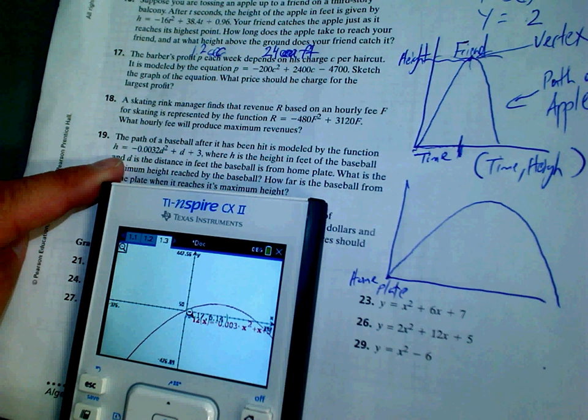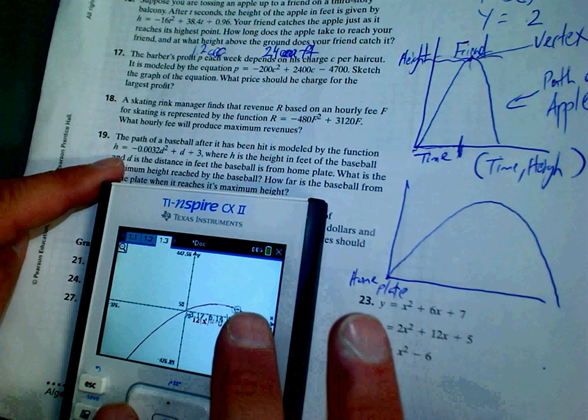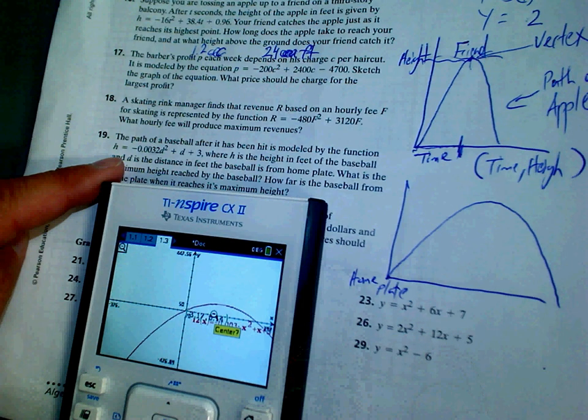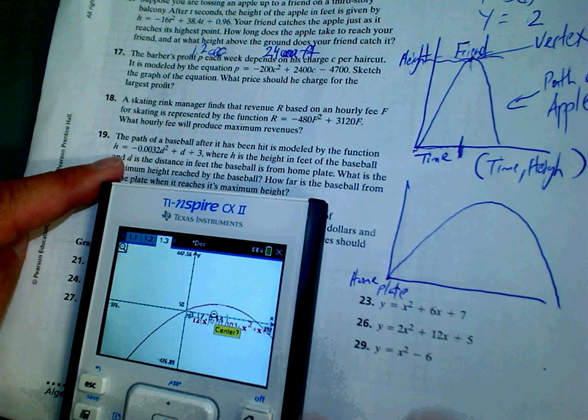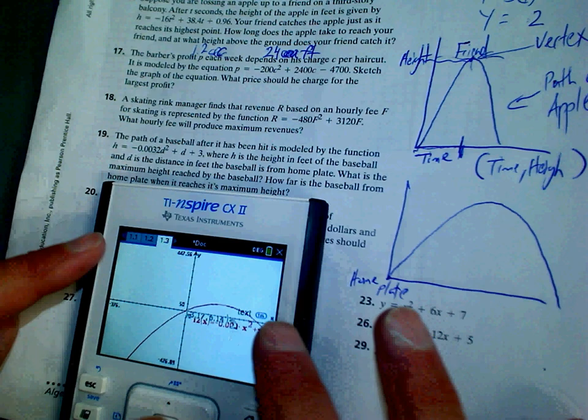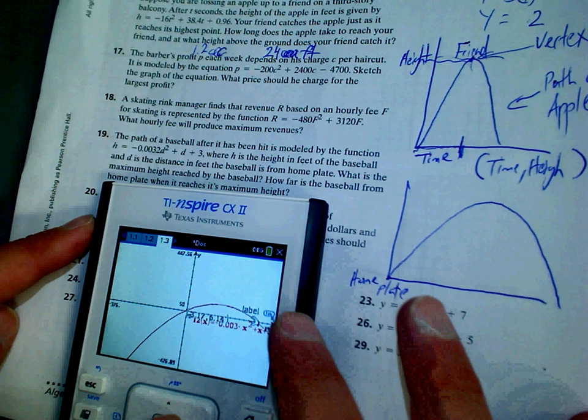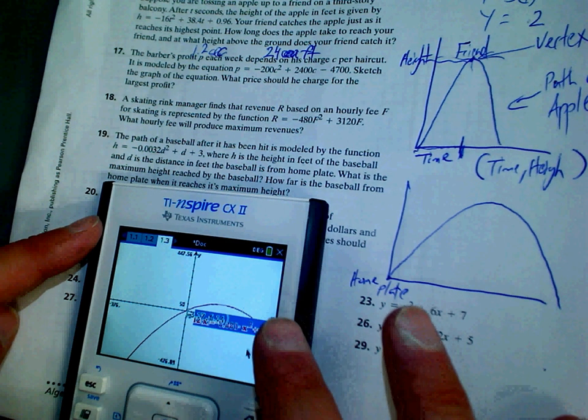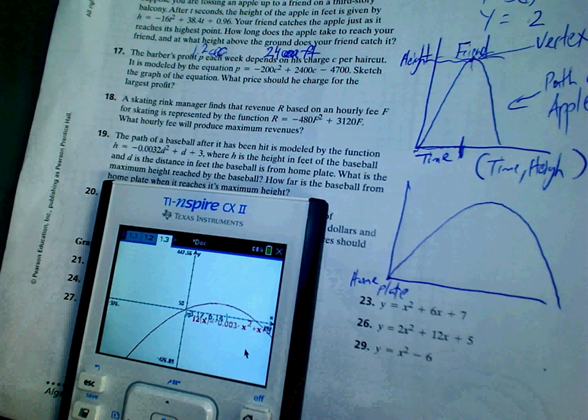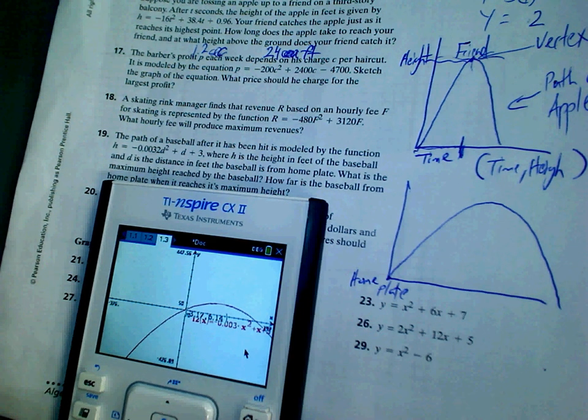He did go to the outfield. Heck. Wonder how far he hit the thing. Now, what's interesting, anybody notice that it had a y-intercept? Anybody notice this y-intercept of 3 right here?